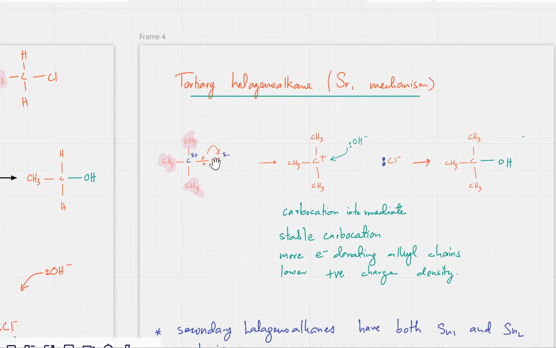So if the Cl takes away the electrons, the positive charge on the carbon is not very strong, so it's not going to pull the Cl back. And so the OH- can easily come in and join the positive carbocation in the next step. So the Cl leaving is not an issue, and the carbocation intermediate is stable. The carbocation has more electron-donating alkyl chains around it, which is why the positive charge density is lower.